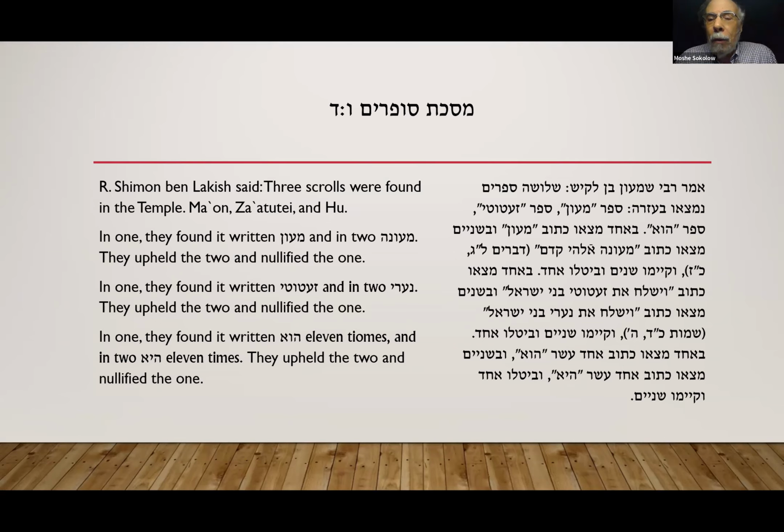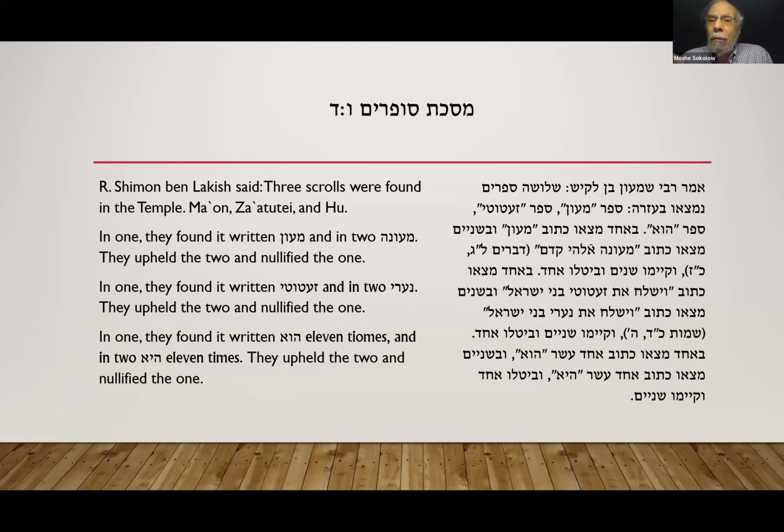Amar Rabbi Shimon ben Lakish, one of the Tannaitic authorities, said, Shlosha sefarim nimtzeu ba'azara, that at some point during the Second Temple period, three different scrolls could be found in the temple. One of them is called the Sefer of Ma'on, the second was called the Sefer of Za'atute, and the third was called the Sefer of Hu. And the Talmud explains, Be'echad, in one of these scrolls, Matz'u Katuv Ma'on, they found a biblical verse.